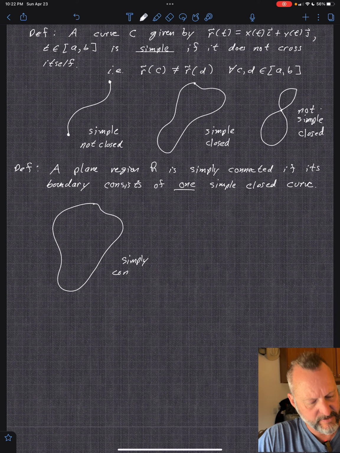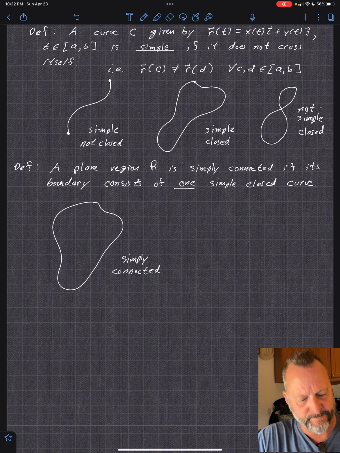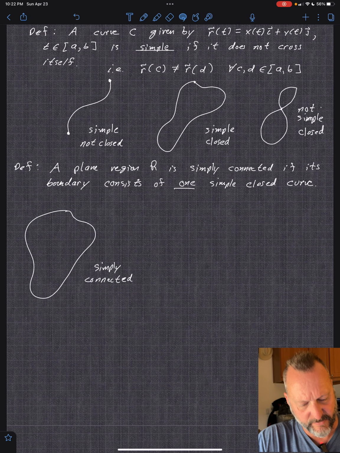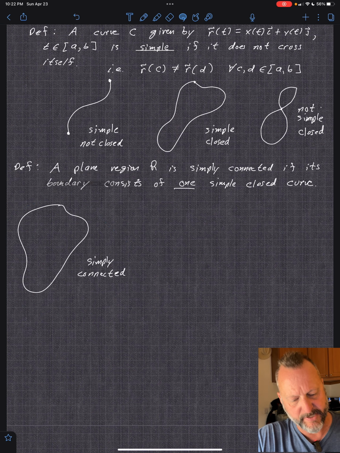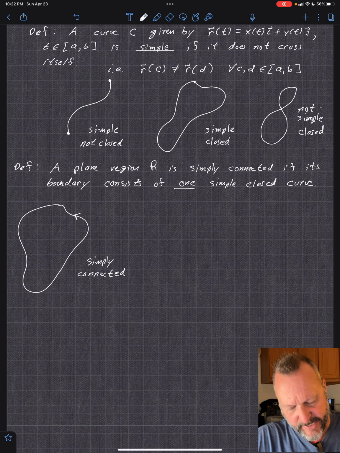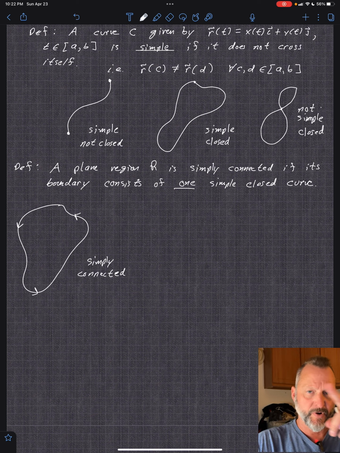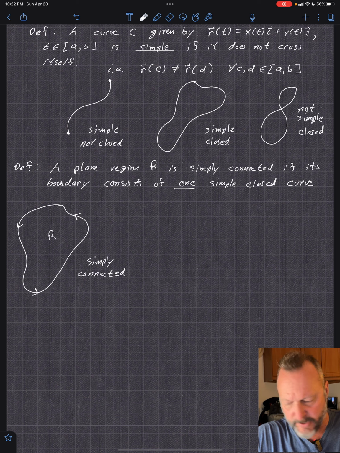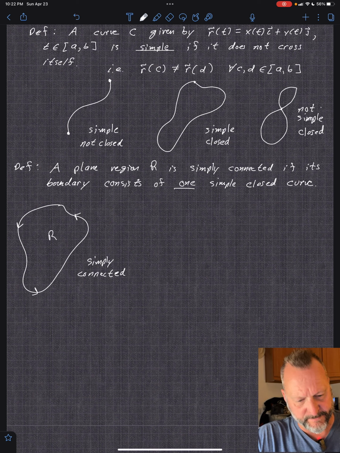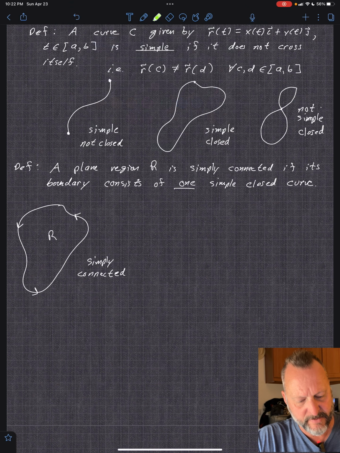Okay, we'll talk about this later, but we have it oriented in a certain direction, like as a particle goes around it. So this is our region R, and it's simply connected. Okay, and then let me go ahead and highlight that. So this is our region of interest, all in here.